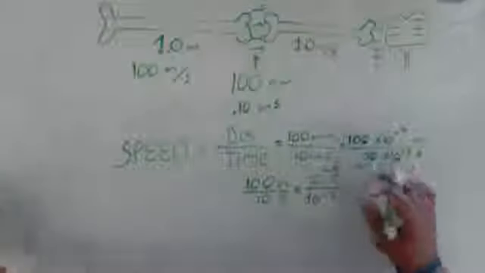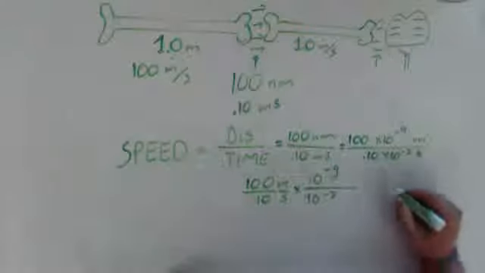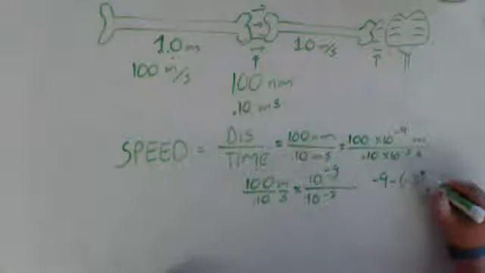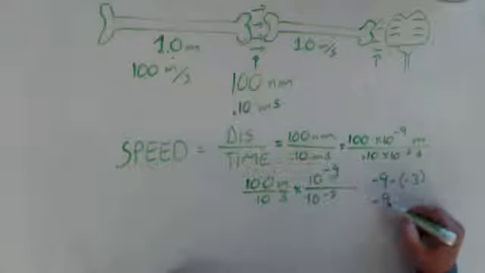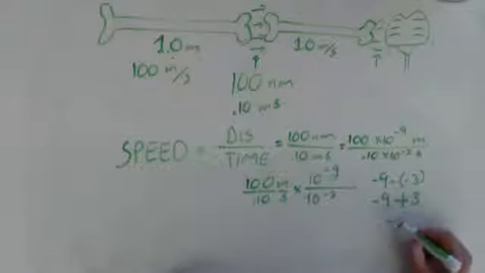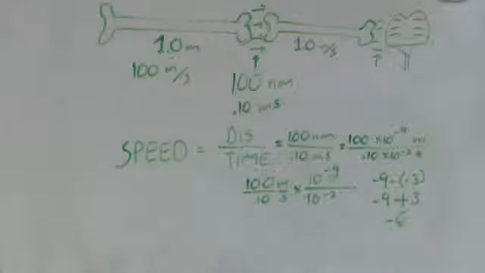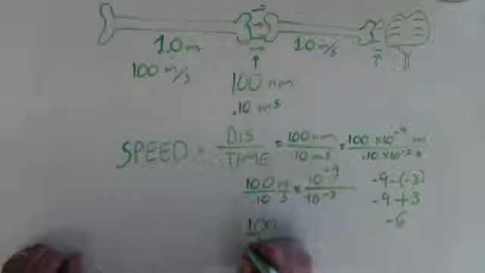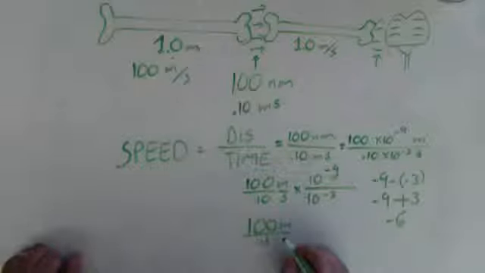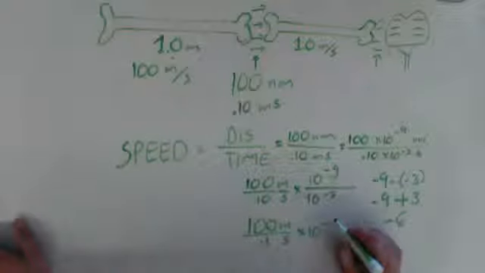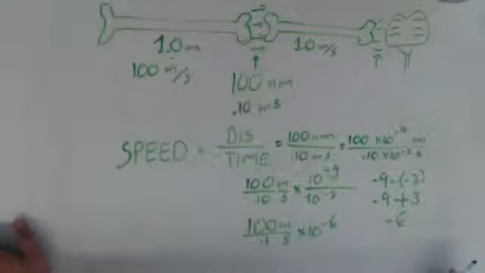I subtract these, so I'm left with negative 9 minus a negative 3. That turns into negative 9 plus 3, giving me negative 6. So that means I have 100 meters per 0.1 seconds times 10 to the negative 6. Okay, not moving very, very fast.